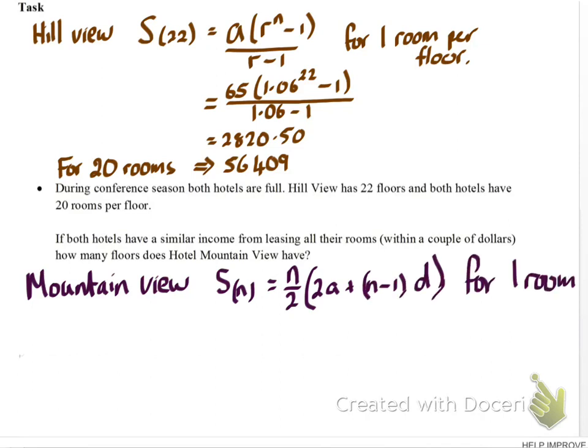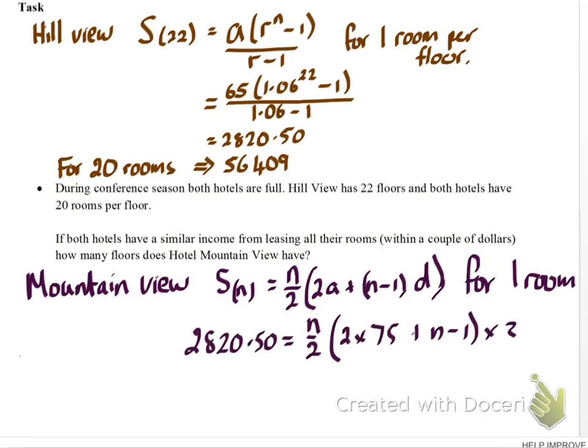Let's have a look at this sum for Mountain View. So we use the sum formula, and again we're going to see what it equals. Now, to get rid of the 2, because we're finding n, how many floors does it have?